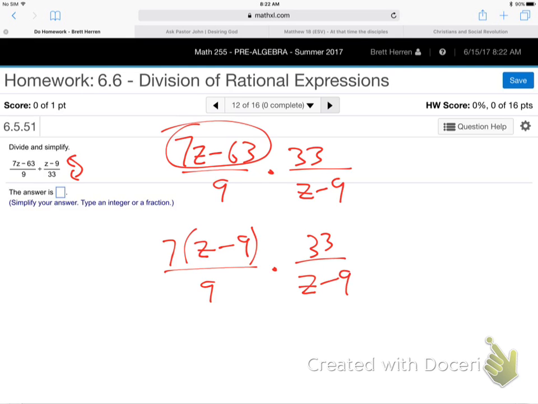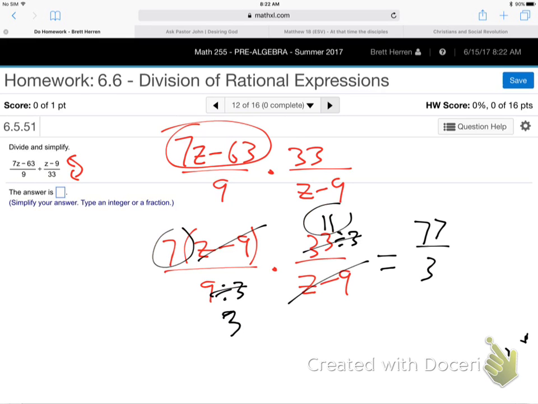Z minus 9 like that. And then the z minus 9's cancel. Divide by 3. Divide by 3 leaves an 11, leaves 3. And so we're left with 7 times 11 over 3. That good?